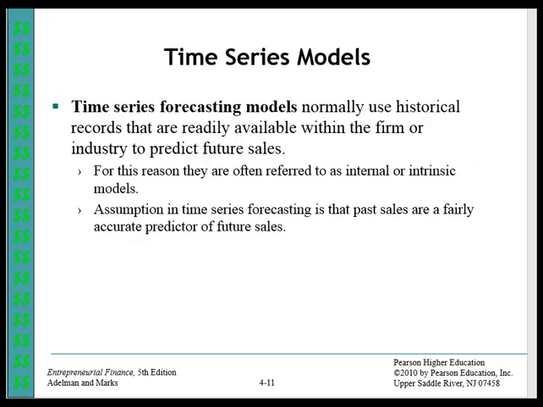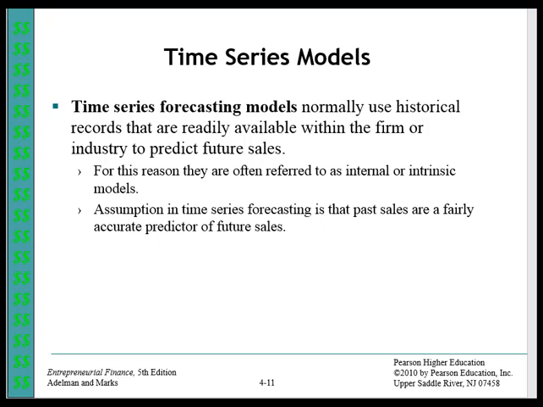Time series model basically uses historical data. And for this reason, we often look at internal things, right? We want to look at numbers from within the company. And again, one of the basic time series forecasting models basically says, look, past sales are a fairly accurate predictor of future sales, right?